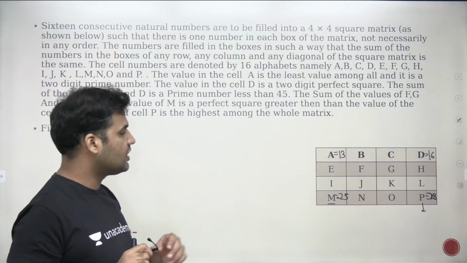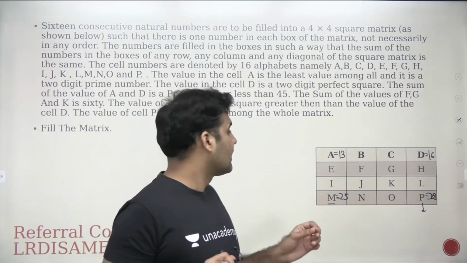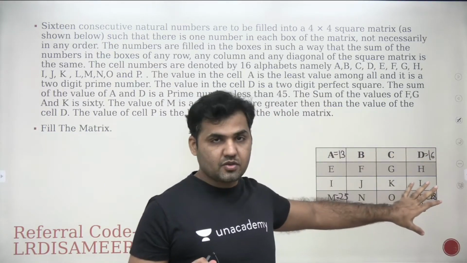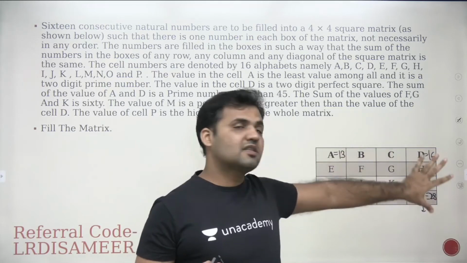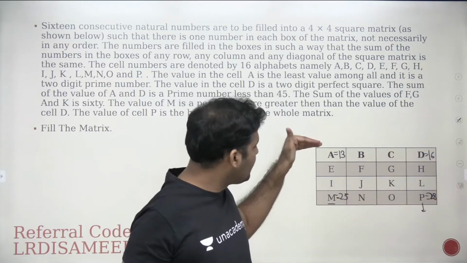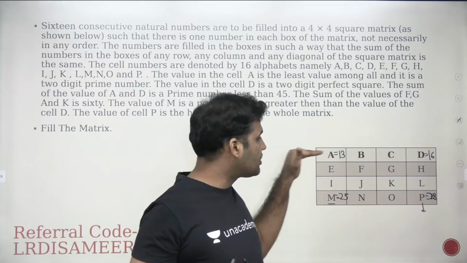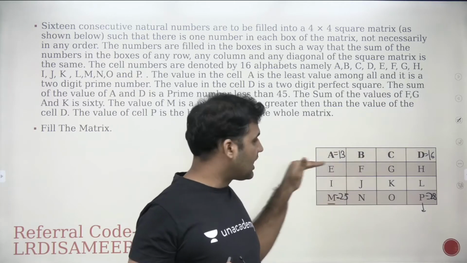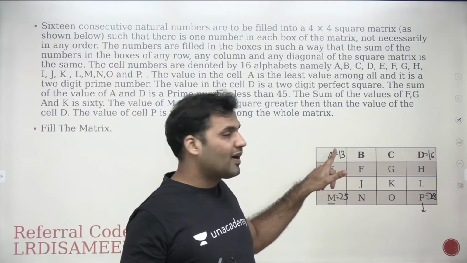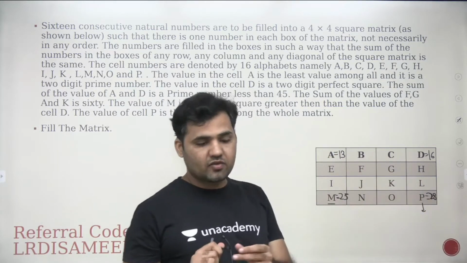Now you can apply the concept of the magic square. And what is that concept? Once you know the 16 numbers being used here, you can find the total sum of the complete matrix, and that total sum can be divided equally among all the rows and columns, because the summation of the values of all the rows and columns is the same. So now find the summation of all these 16 numbers starting from 13 and ending at 28.